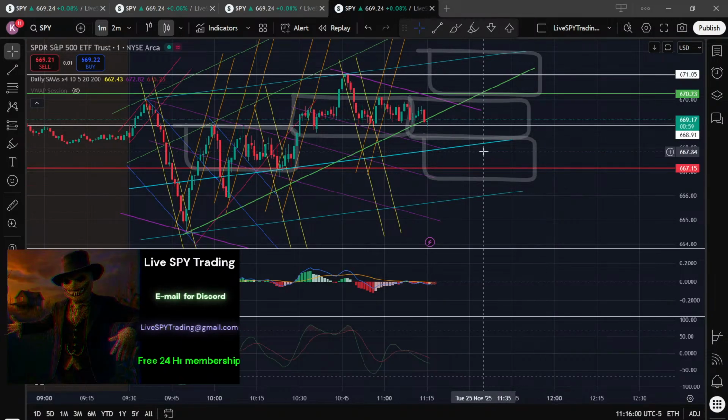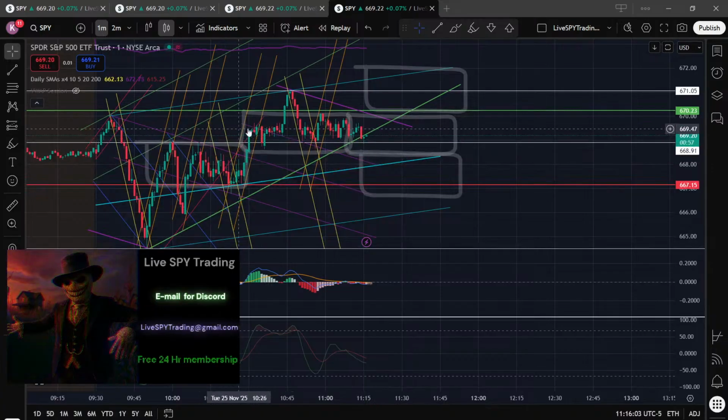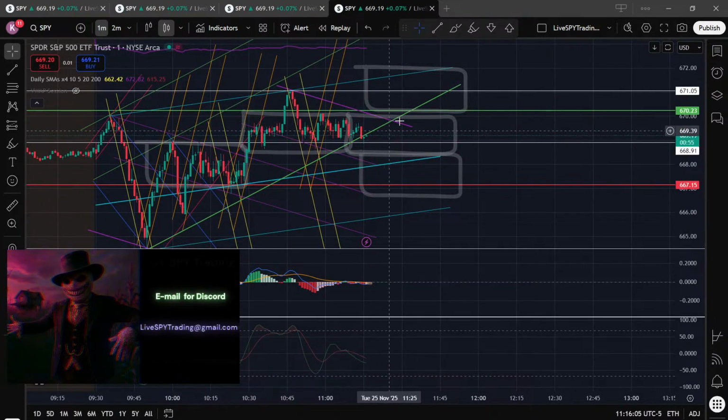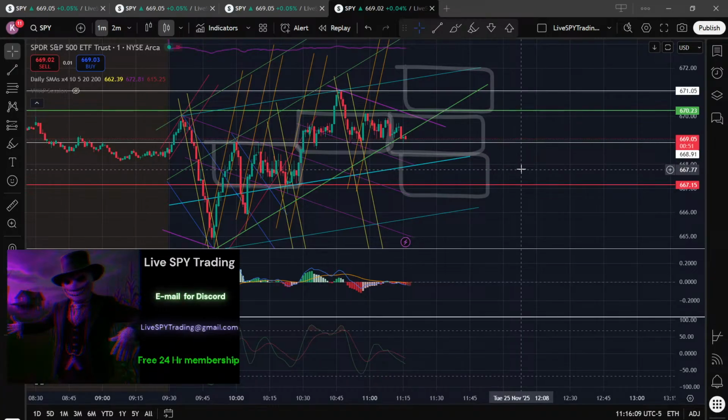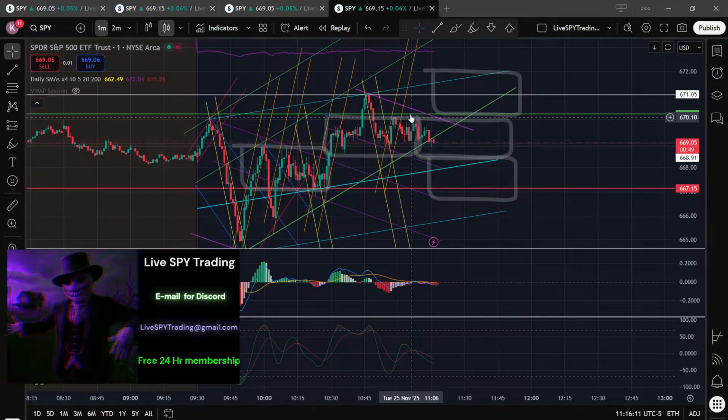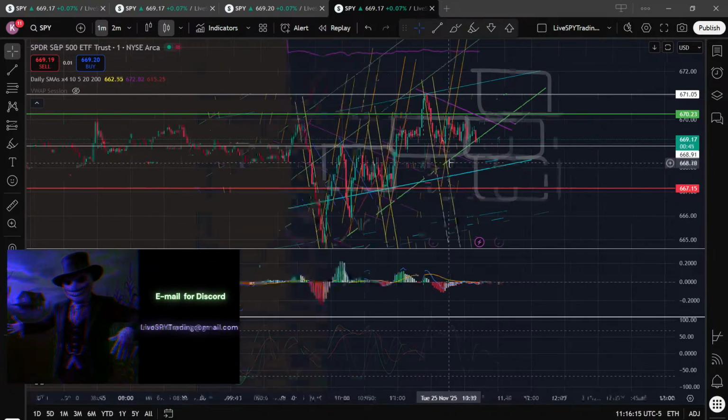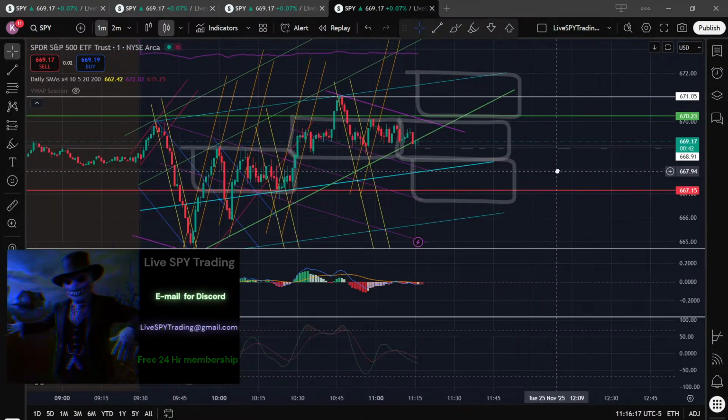Wait for liquidity to break. Remember, liquidity goes sideways and diagonal. So we want to break our sideways and the diagonal, right? That'll give us some confluence.